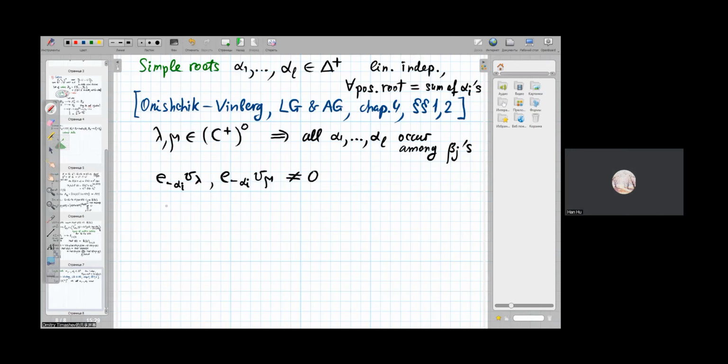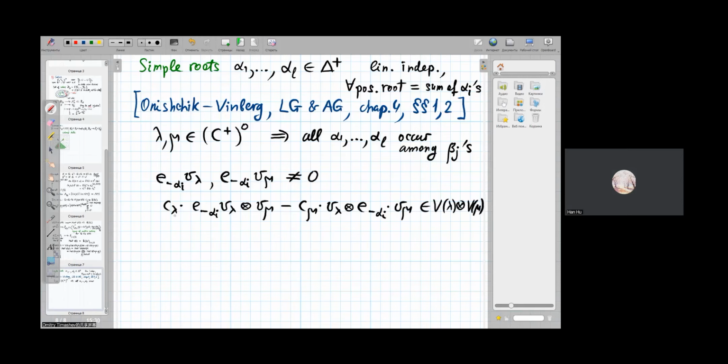And you may take an appropriate linear combination with some coefficients, so C of lambda times E minus alpha i applied to V lambda tensor V mu, plus or minus, maybe better to write minus C of mu times V lambda tensor E minus alpha i applied to V of mu. And this will sit in V of lambda tensor V of mu.